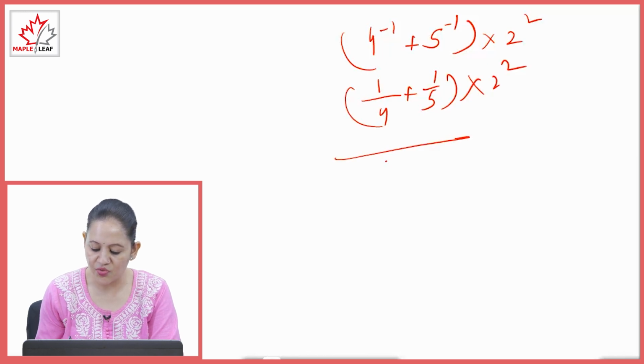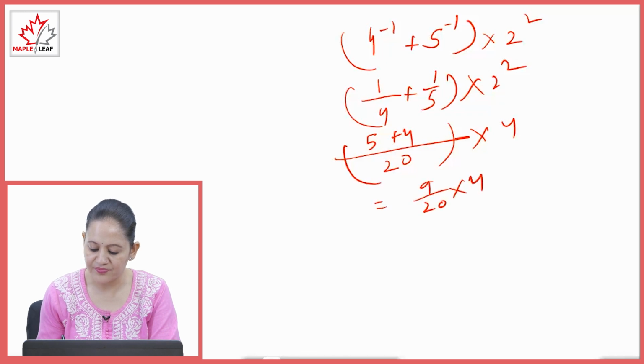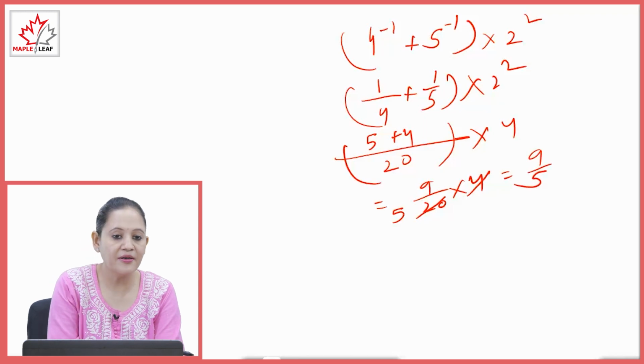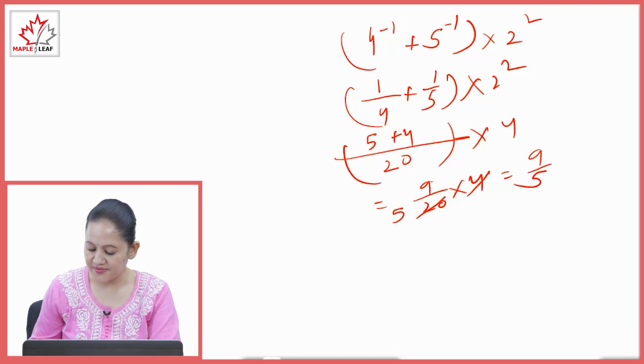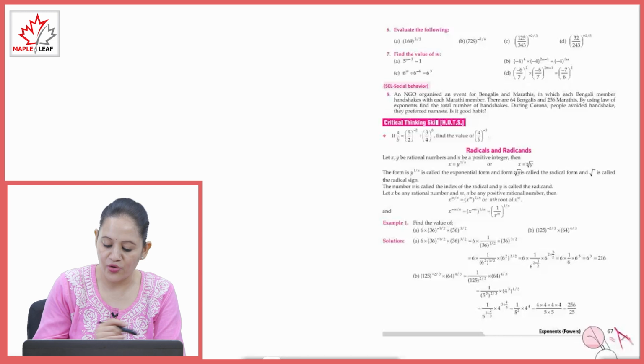LCM ले लेंगे. (5 plus 4) upon 20 into 2^-2 that is equals to 4. That is equals to 9/20 into 4. 9/5. Clear?